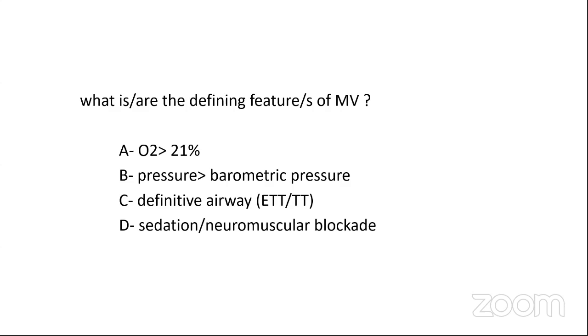On the other hand, sometimes you can introduce an airway like a tracheostomy tube without connecting the patient to mechanical ventilation. Sedation is also very frequent but not necessary. If the patient is highly cooperative, you can ventilate him without any sedation. On the other hand, sometimes you sedate patients who are spontaneously breathing.